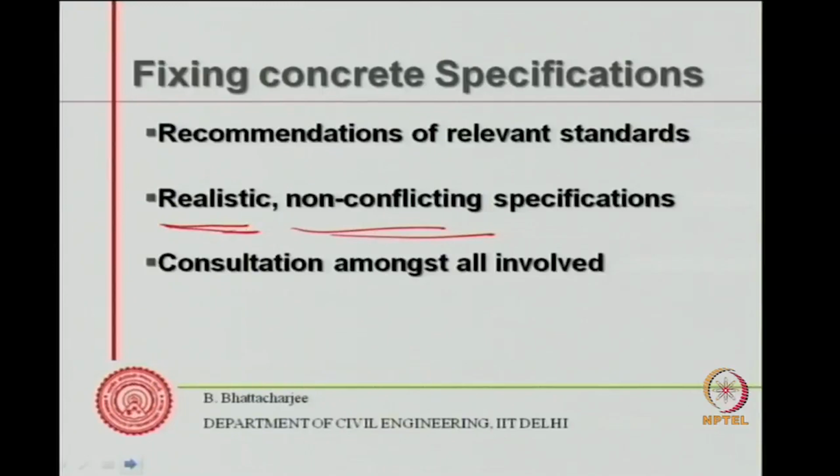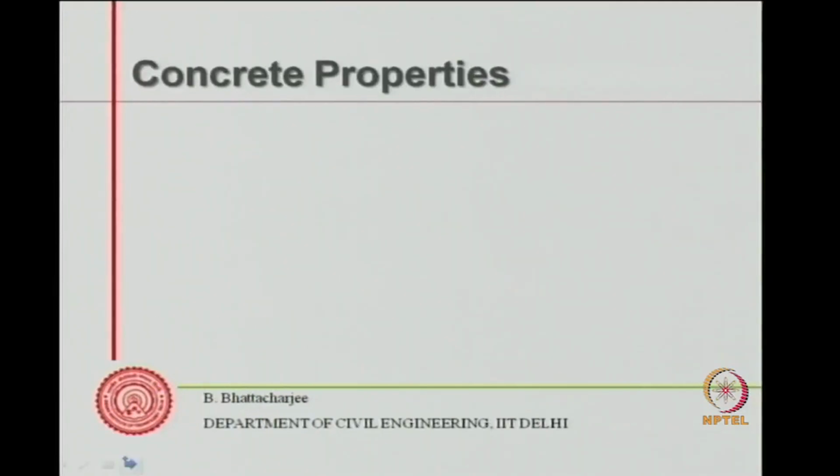The contributions of all the people involved should be taken into account, and then these specifications are finalized. And obviously previous experience at a similar site plays a big role. So specifications are fixed according to past experience, codes, ideas from everybody involved, and so on and so forth.